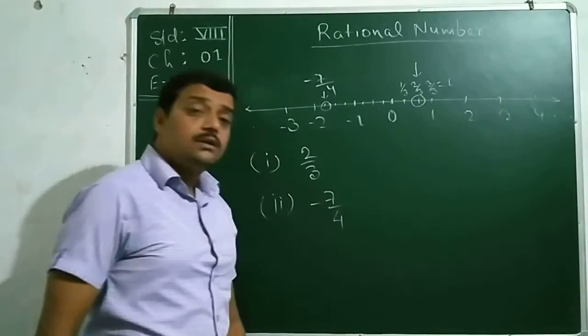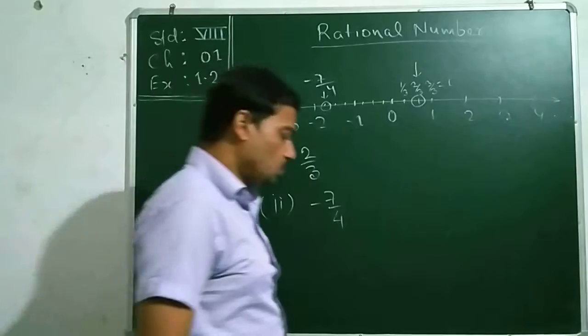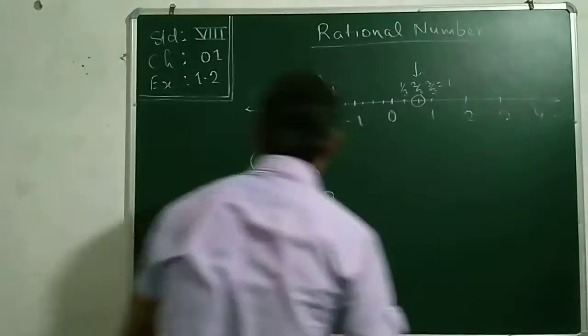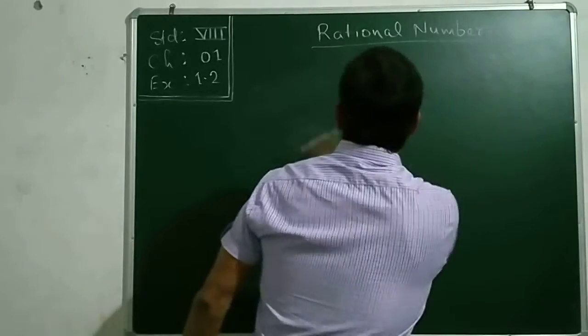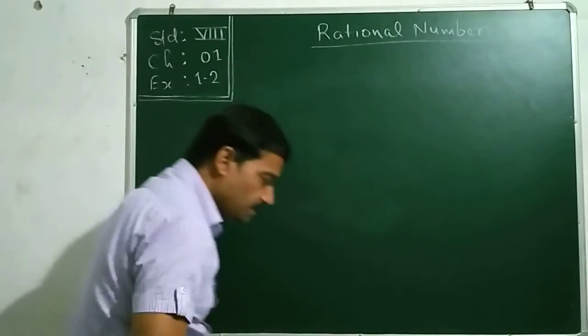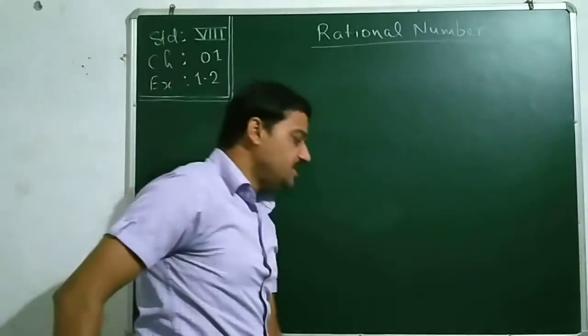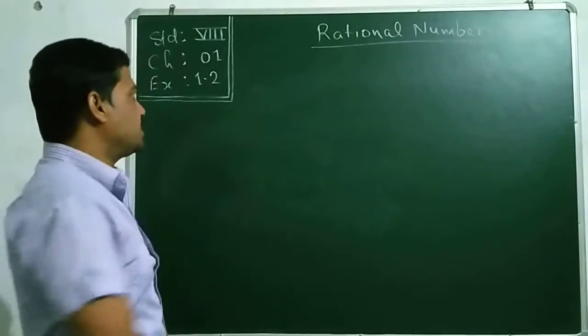Now come to the exercise 1.2. See what is being asked in the first sum. The first sum is to represent these numbers on the number lines.